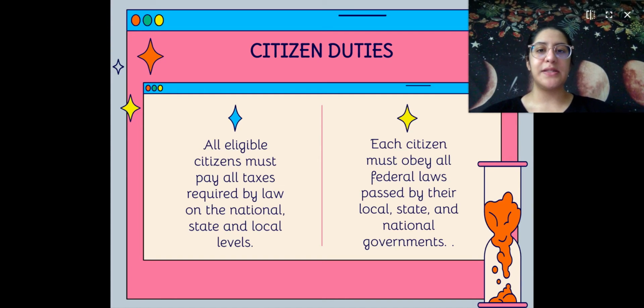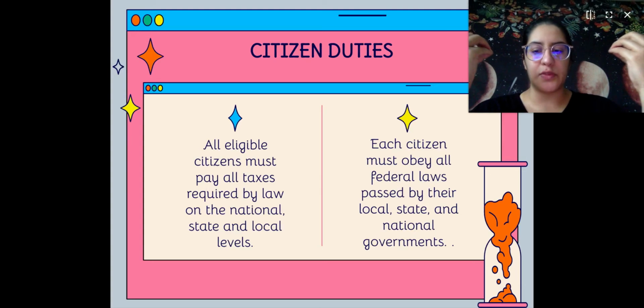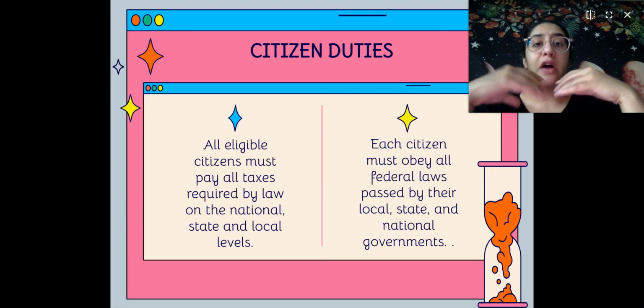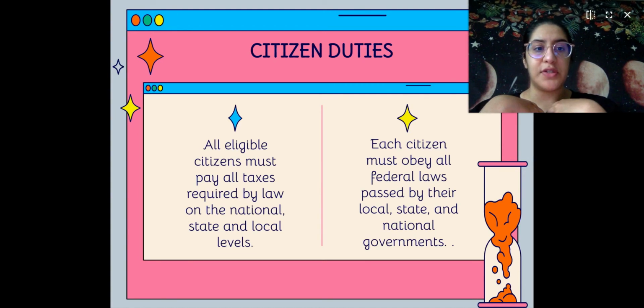Our job as citizens is to know those laws so that we can follow them, and so that we are functioning in a way that shows respect for the law, but also shows respect for ourselves. When we are obeying those laws, we are ensuring the safety of everyone in the community and not just ourselves.